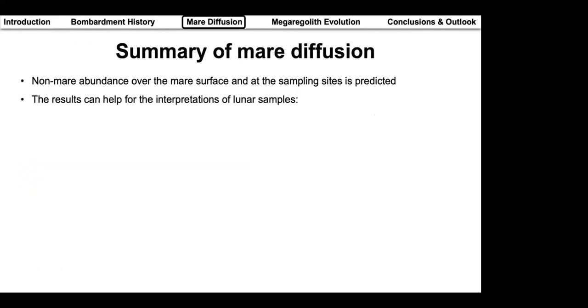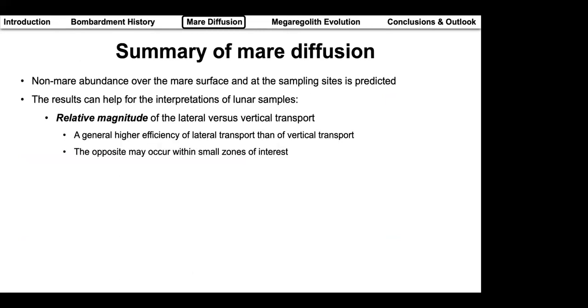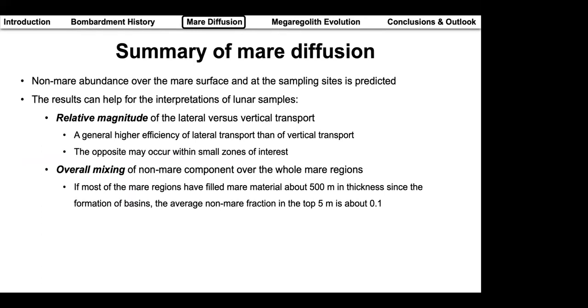After understanding how the marine and non-marine materials evolved with the cumulative impact mixing, we are able to estimate the mechanism of the origin of marine and non-marine materials. We see very significant spatial variations.